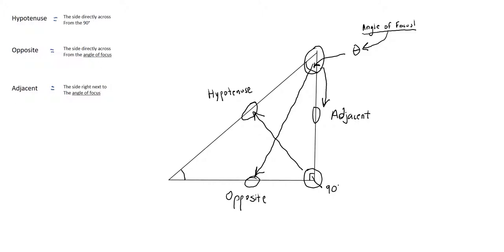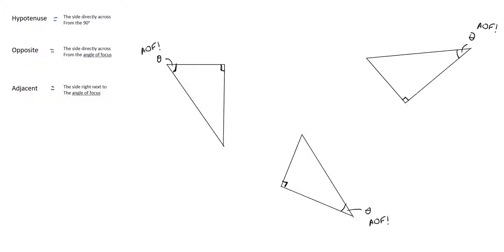So keep in mind the names of the three sides of a right triangle and their definitions. They play a huge part in the conversation we're about to have. But first, let's do a couple of practice examples to make sure you guys get it. So let's say I have these three triangles with the drawn-in angles of focus. And let's start with the one on the left. This one's going to be my hypotenuse.